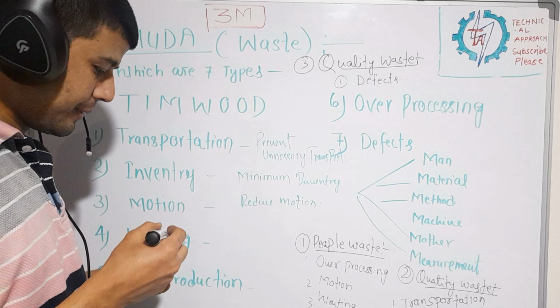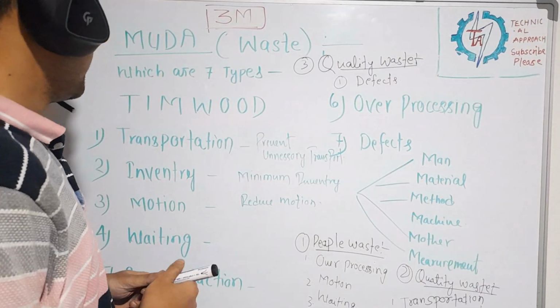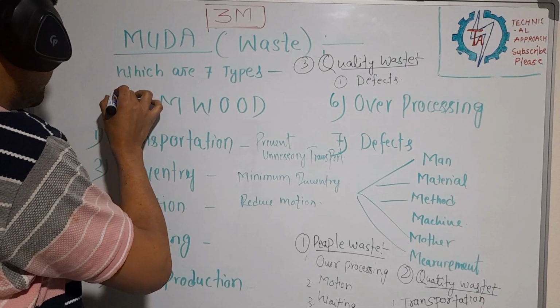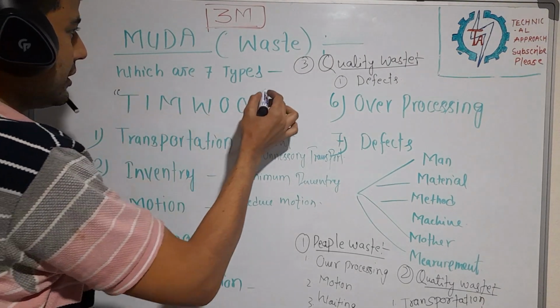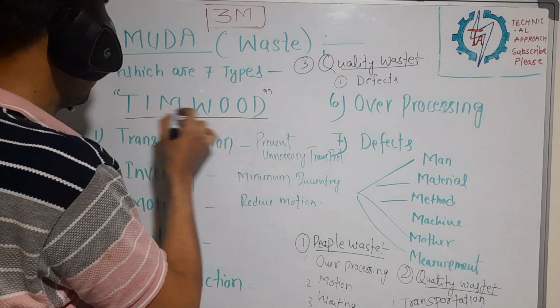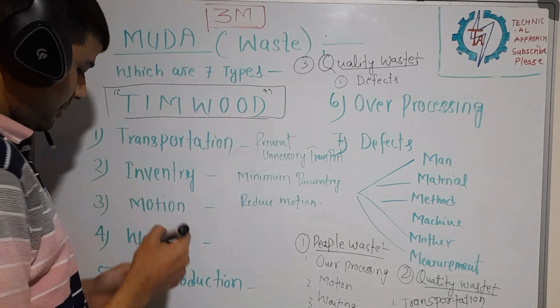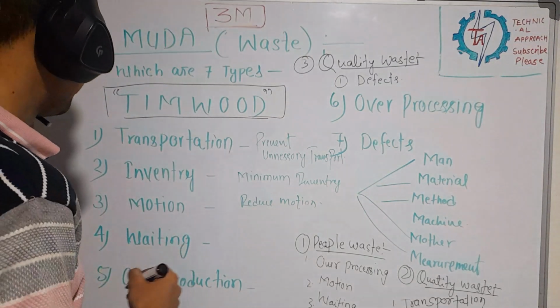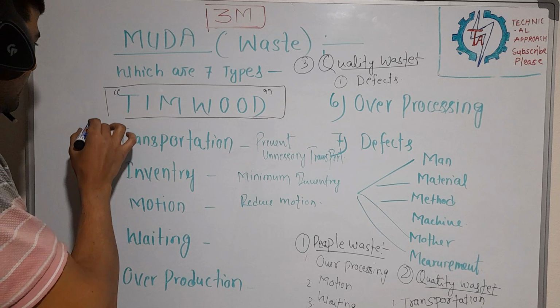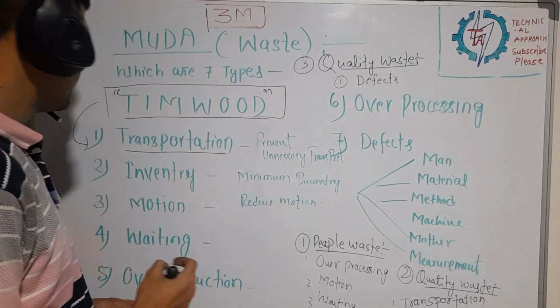The waste, these are the 7 types. We describe it with the short form TIMWOOD. The T, the first word, is transportation.